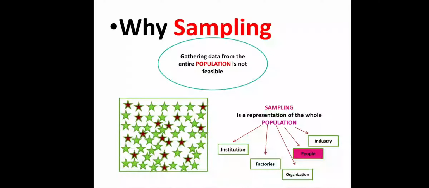Hence, samples are being drawn which should be representative of the entire population. This is important in order to ensure that we can generalize the findings. Thus, samples are used in research work for making inferences about the target population.